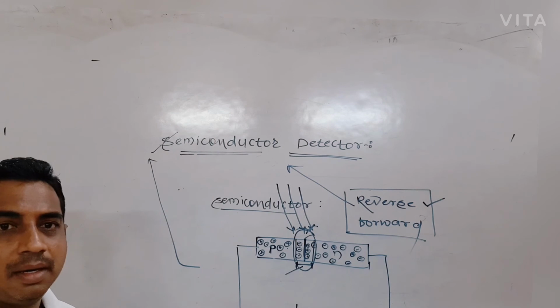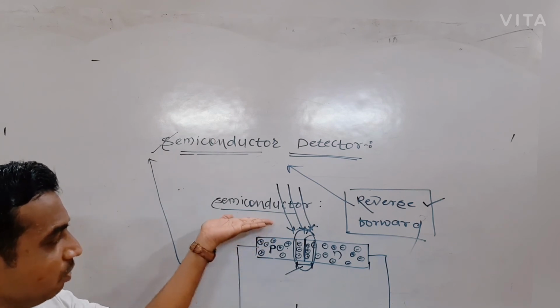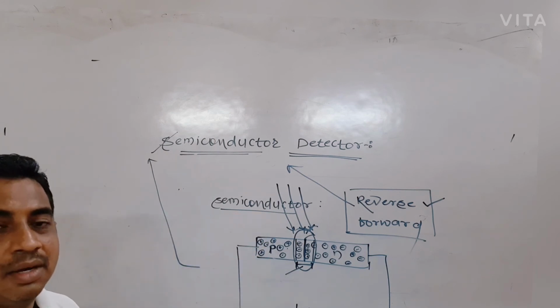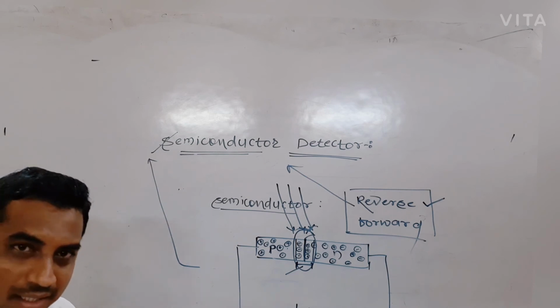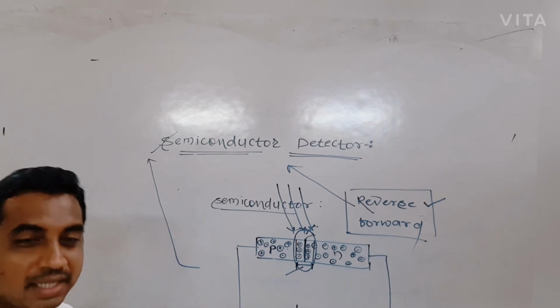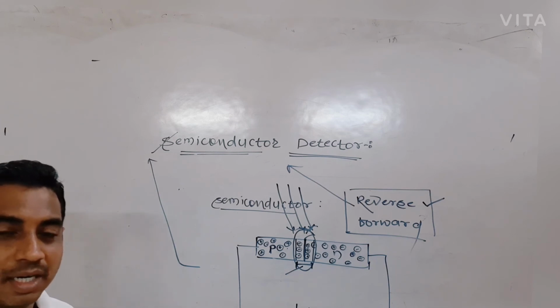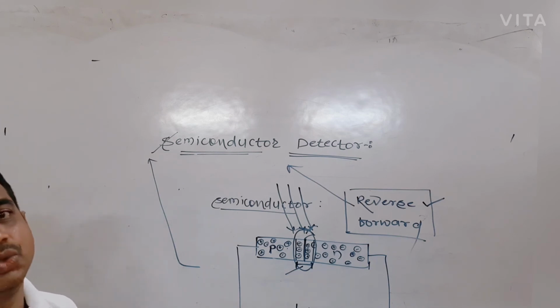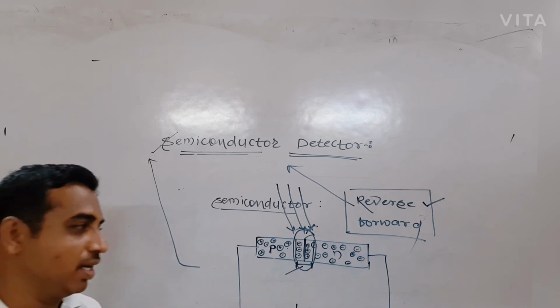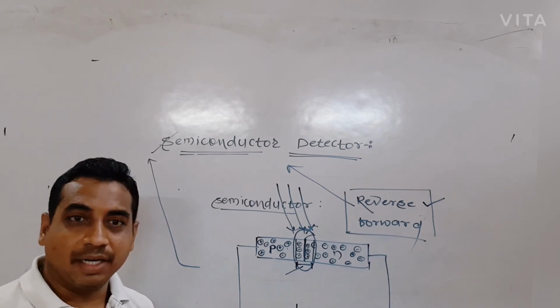So that's why I am doing a total recap of our semiconductors. What is a semiconductor? What is an intrinsic semiconductor? What is an extrinsic semiconductor? What is a p-type semiconductor? What is an n-type semiconductor? Which type of impurity is used to build the p-type as well as the n-type semiconductors?